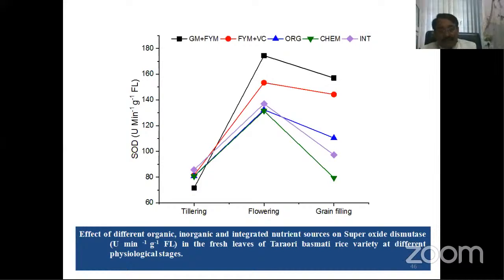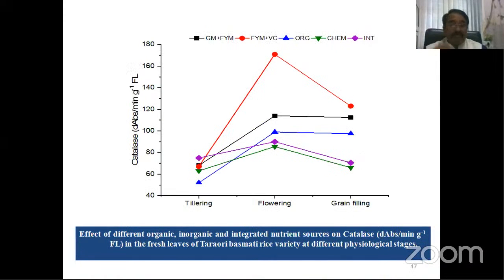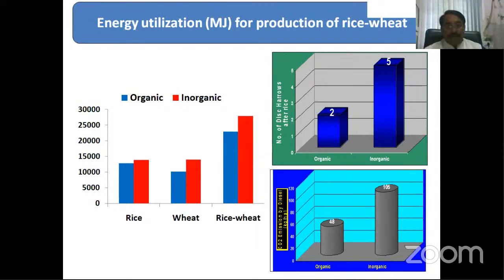They protect the plant from diseases, including cancerous diseases, and they also protect human beings from cancerous diseases if they are eating this type of organic produce. Likewise, catalase was also higher.